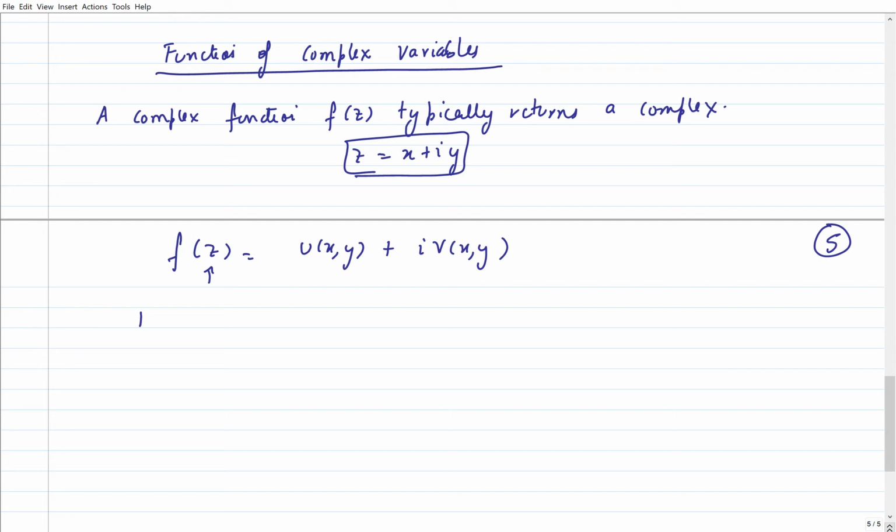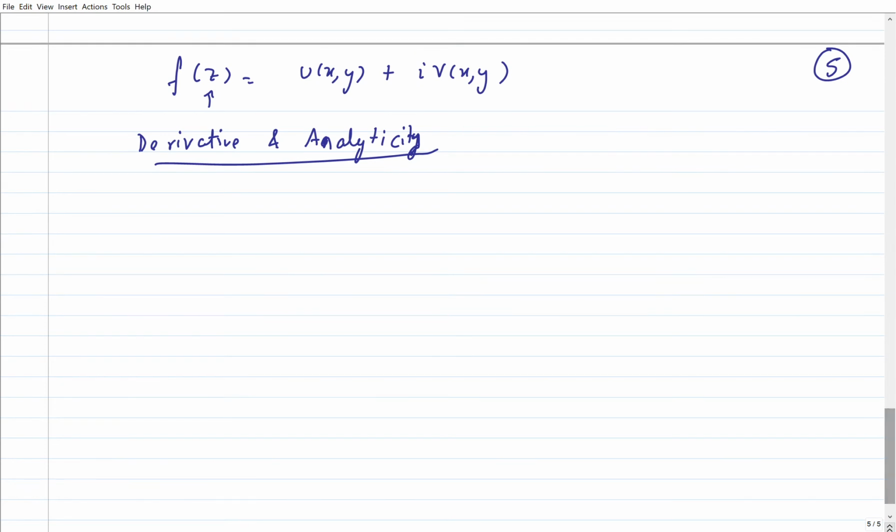Now let's talk about derivative and analyticity, whether the function is analytic or not. I can define a derivative in a regular way, df by dz, and the derivative evaluated at a particular point would be evaluated in a similar way.